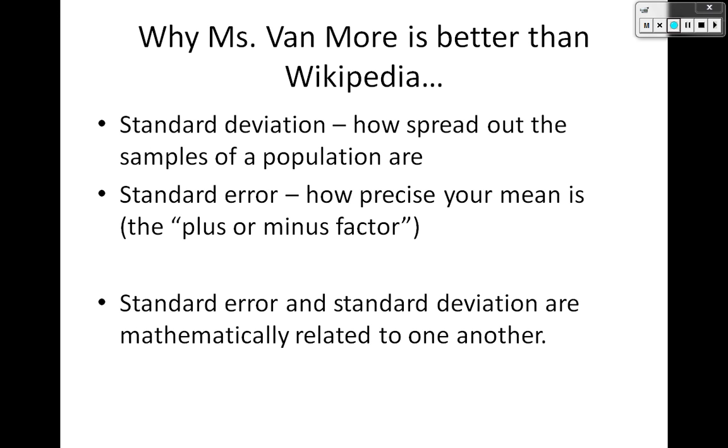Okay, so these are my definitions, which I feel are much better than Wikipedia, which will turn you around in circles as far as what these terms mean. Standard deviation is how spread out the samples of a population are.